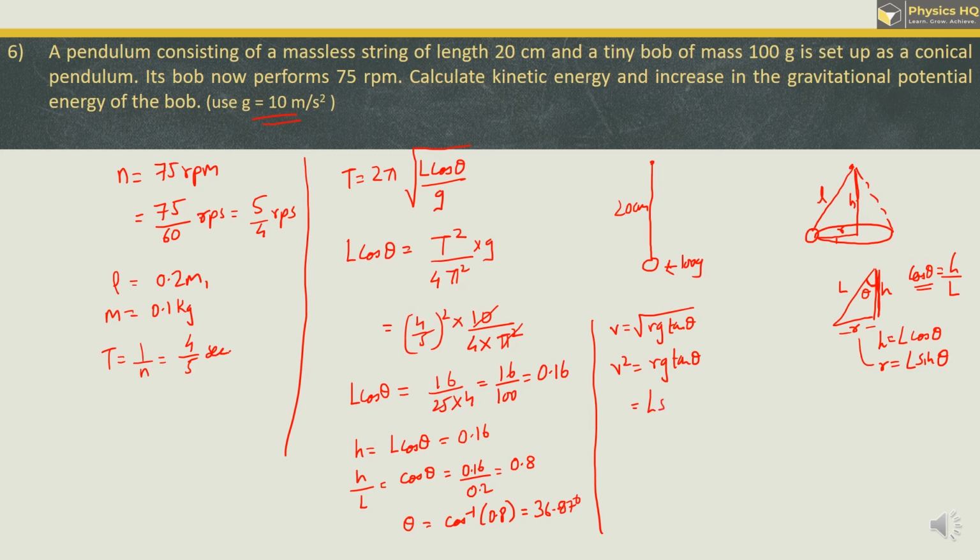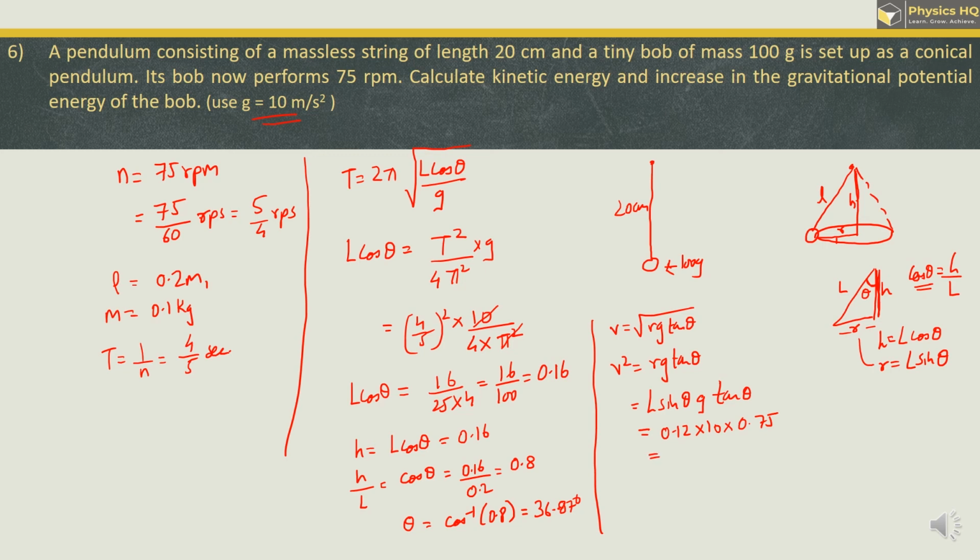The value of g is 10, and then we have tan theta, where theta is 36.87. Once we put all these values, L sin theta is something around 0.12, g is 10, tan theta will be 0.75, and the final answer will be 75 into 12, which is 90. So you'll get the final answer as 0.9.